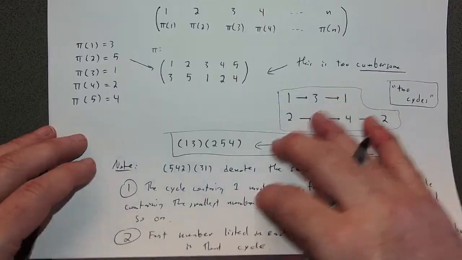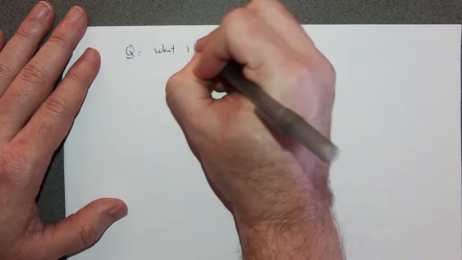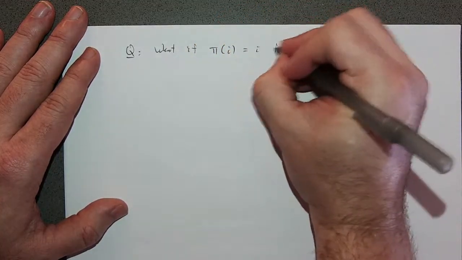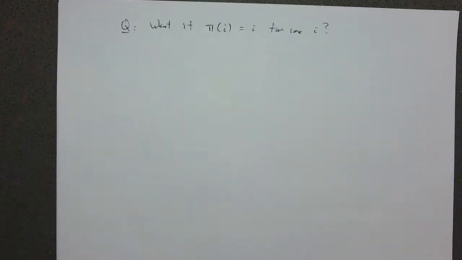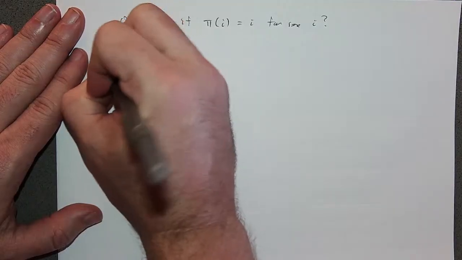Now, here's a quick question. What if pi of i is equal to i for some i? So what if the permutation fixes a position, fixes an object? Here's a quick example.